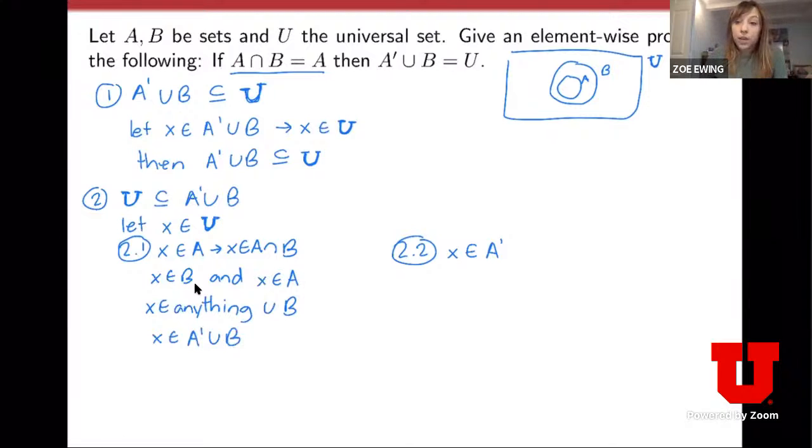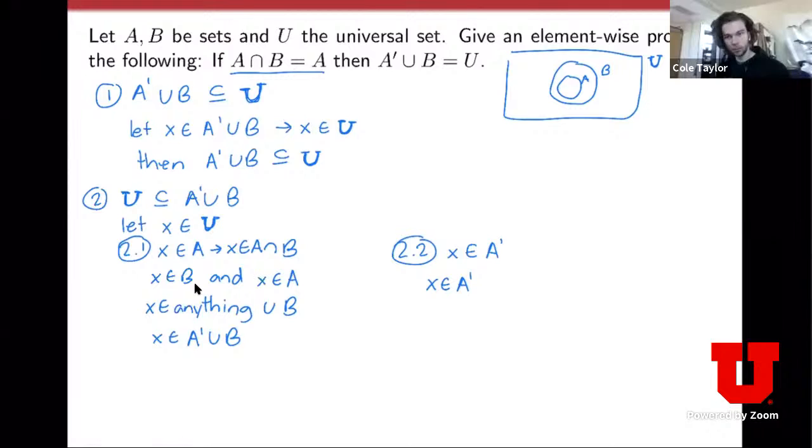All right, and we're going to use a similar method, a little bit more simple, with our 2.2 case, which is that if X is in A complement, then what else is X in? We're going to use the definition of union.